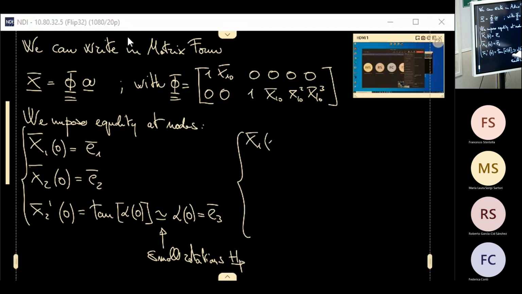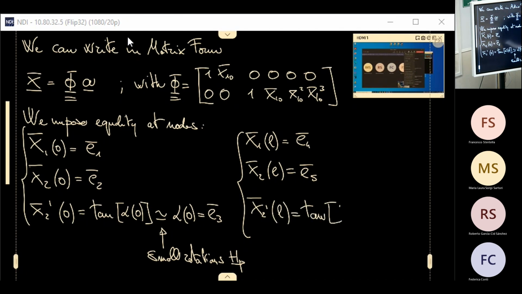For node 2 is, of course, the same. Again, before over bar, over bar.